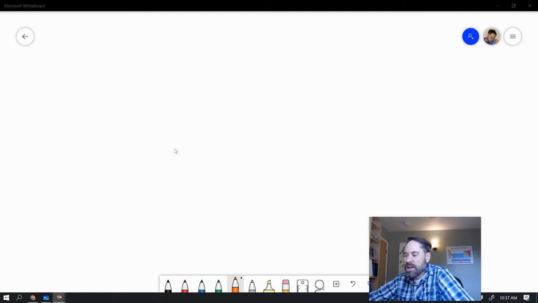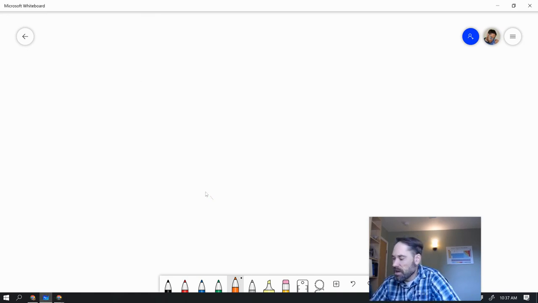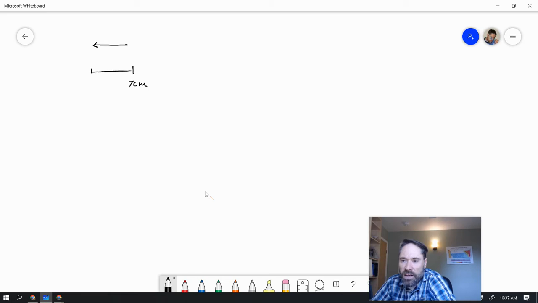So I've got my handy dandy whiteboard here so that you can see what I'm talking about. And I'm going to write down a few things, making sure that I know what I'm working on. So first off, the car, when it was moving this way, right, it was at the 7 centimeter mark, and then it moved across and it got to the 5.5 centimeter mark.